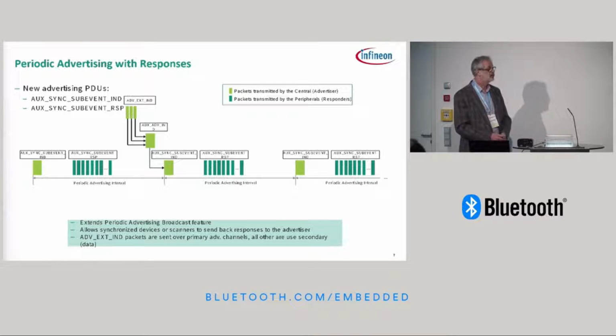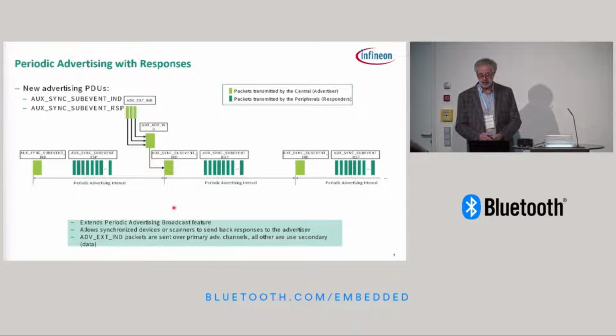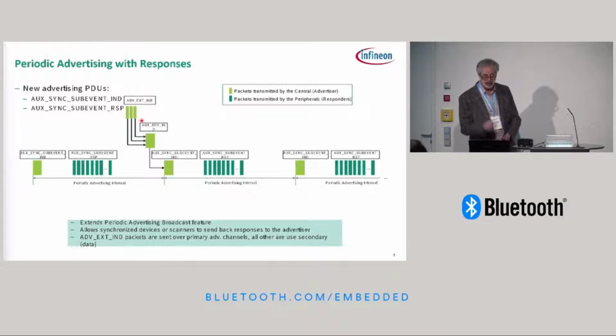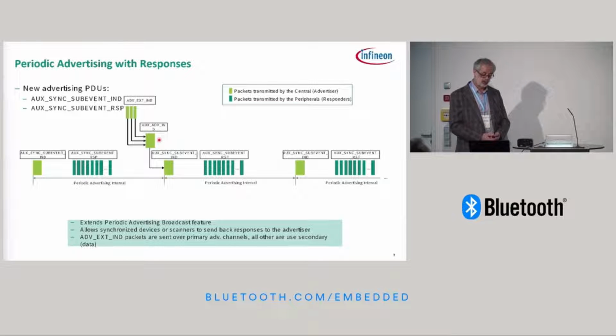And as it says from the name of the feature, there are responses. The feature extends the periodic broadcast, so it works pretty much the same. It's the ADV extended indication, triplet, and that points to the information, but inside of the aux ADV indication, there is a bit more information.